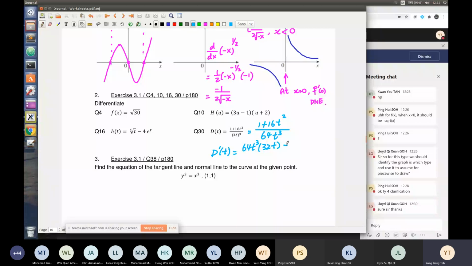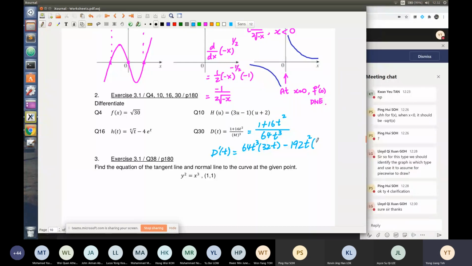Then minus, now we differentiate 64t cubed, so we get 192t squared. Because it's 180 plus 12, is that correct? Yeah, that looks correct. So it's 192t squared.